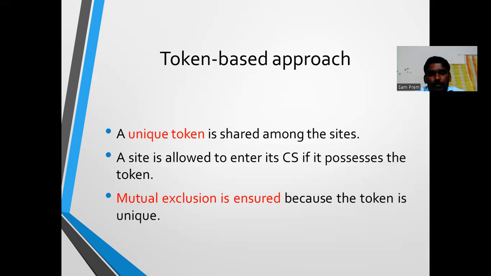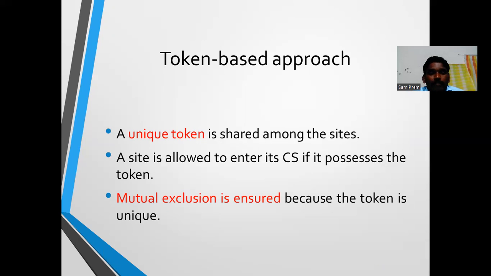The token based approach is this: if any process wants to enter the critical section, it can enter based on a unique token. A unique token is shared among the sites. A site is allowed to enter its critical section if it possesses the token. So if any process wants to enter the critical section, it sends the unique token, and the process is allowed to enter the critical section.